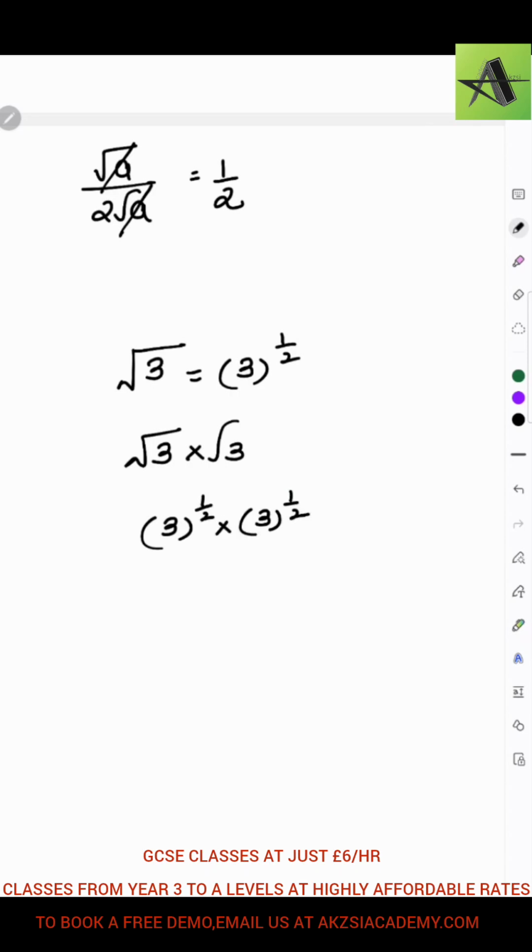In indices, we have studied that when we multiply two indices having the same base number, the powers get added. The base number is the same, which is 3. That means the powers get added. That is 3 to the power of 1, which gives me 3. So this is another way to understand this. Or we can just learn that since it's a square root, when I'm multiplying two square roots, it will give me the integer.